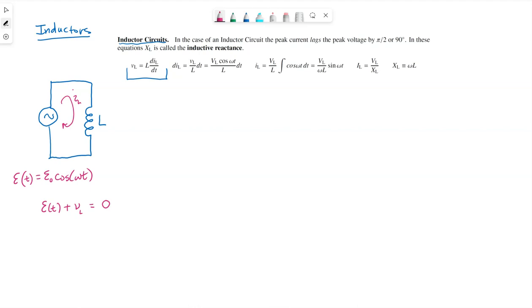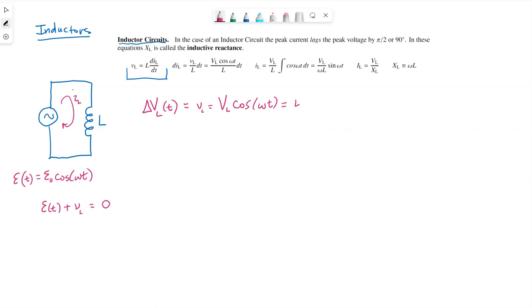So that means we're going to say the potential difference across the inductor as a function of time, which our author is using this lowercase v to represent, will be a cosine function. So capital V sub L represents the maximum value of the potential difference across the inductor. So the amplitude.